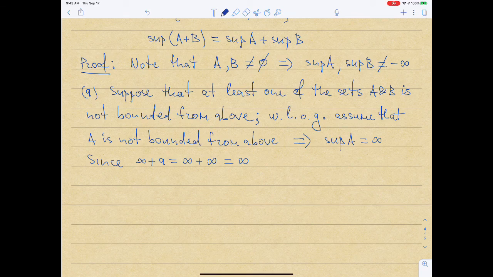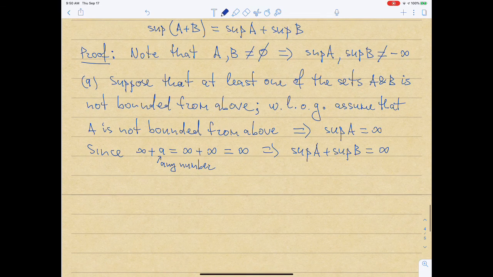We have that the supremum of A plus the supremum of B is going to be equal to infinity, right? So the other one here is any number. The only ambiguity that you might have is if you add infinity to minus infinity, but we eliminated that possibility because the sets are not empty. Okay, so that means that the right-hand side of this expression will be infinity if the supremum of A is infinity.